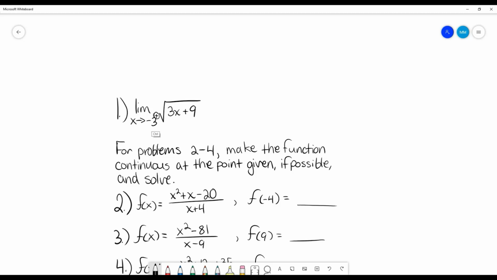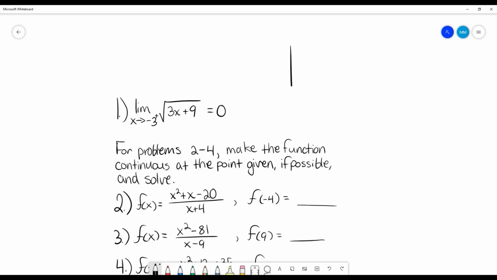We want numbers bigger than -3 because we're approaching from the right, and -2 is bigger. So as we get into bigger and bigger values, if I plug in my -1, that makes -3 plus 9, or just the square root of 6. And we're just going to keep going up and up and up like that. So as we get closer to our -3 from that right side, we see that it approaches 0.